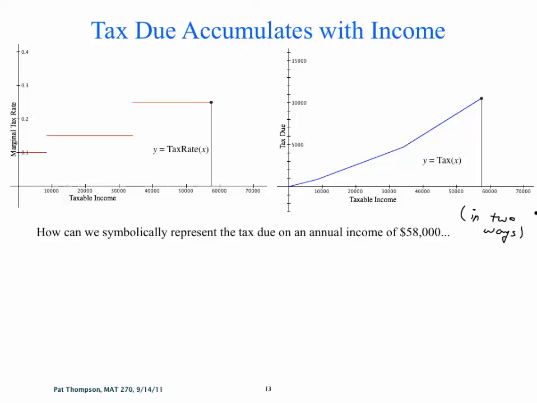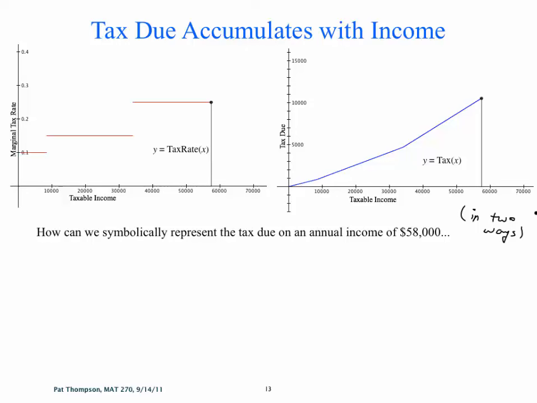So 2 ways to think about this tax due on 58,000. Who thinks they can talk about one of the 2? What's one way to think about tax due? Tony. Just put 58,000 into the tax function. Okay, exactly. So it's like you made this much money, you owe this much tax.